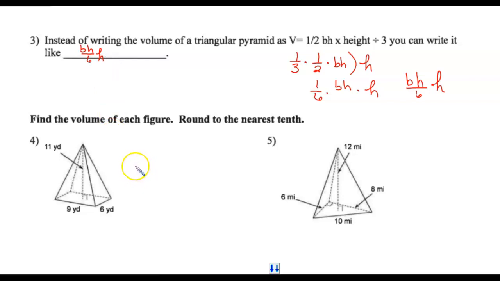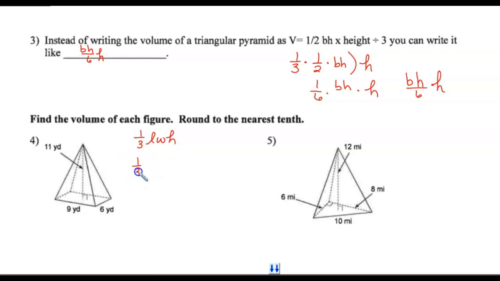All right, so let's practice some of these. So number 4, this is a rectangular pyramid, and so I have a base that's a rectangle that has a length of 9 and a width of 6, and then I have the height of the pyramid that is 11. And remember, it's 1/3 times length times width times height.